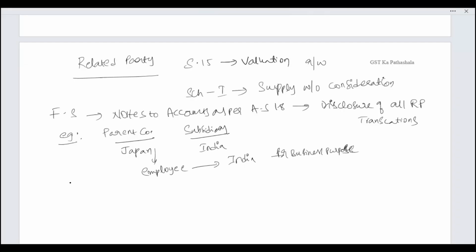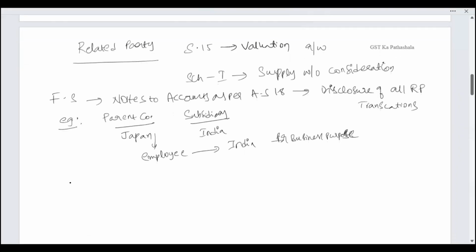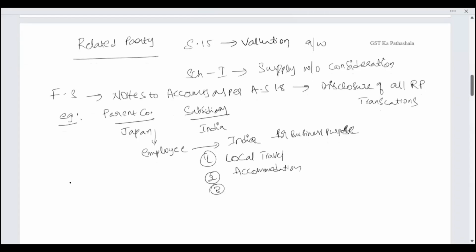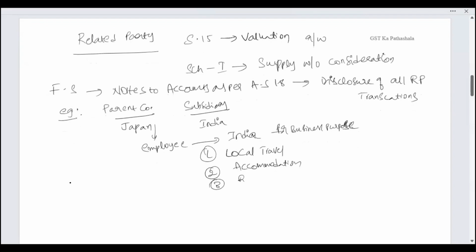Maybe this business purpose is for the parent company, maybe for the subsidiary company, we don't know. When he visits India, let's assume there are expenses on account of local travel, accommodation, hotel stay and food expenses, rent a cab service, and other miscellaneous expenses.